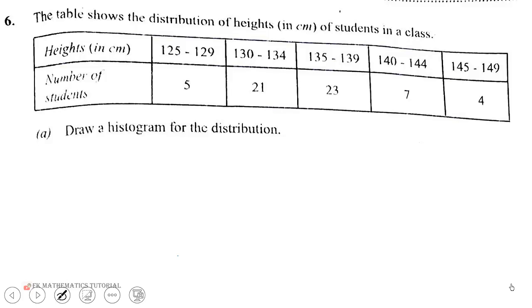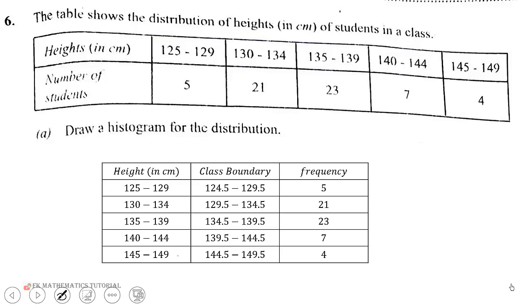Now, to draw a histogram for the distribution, we can formulate this table like this. Now, recall that you can also use the class midpoint instead of the class boundary to draw a histogram.